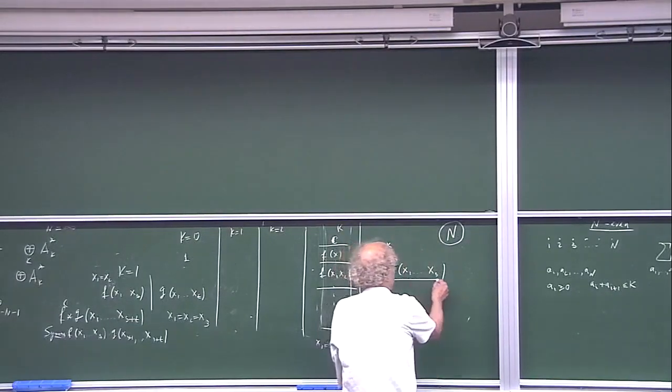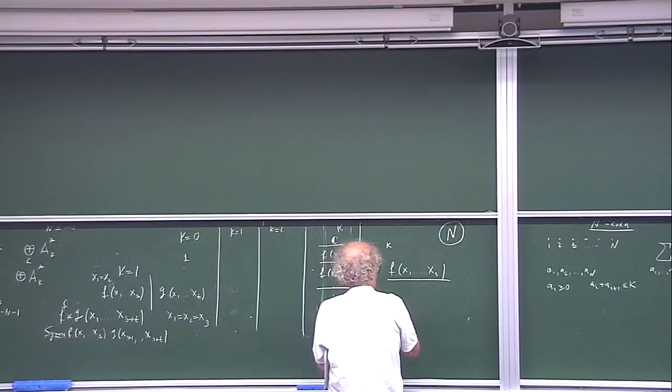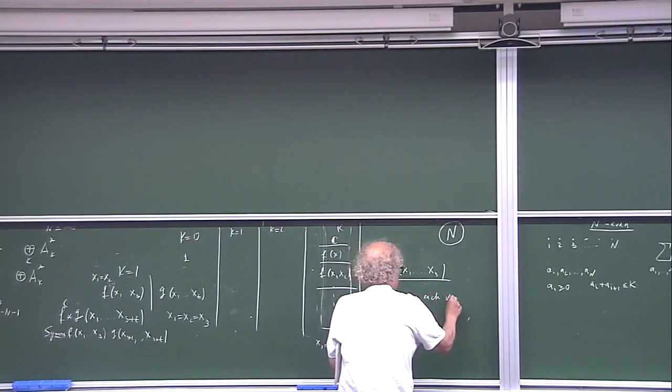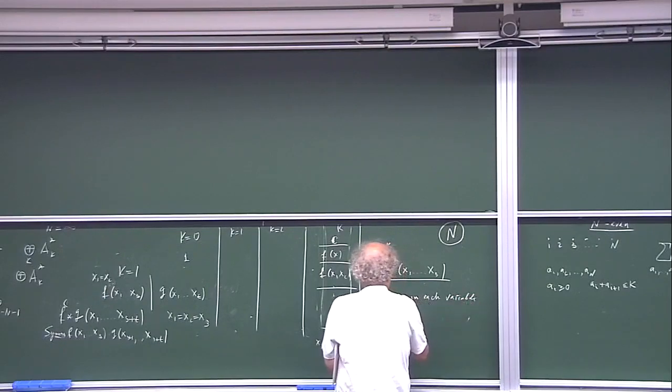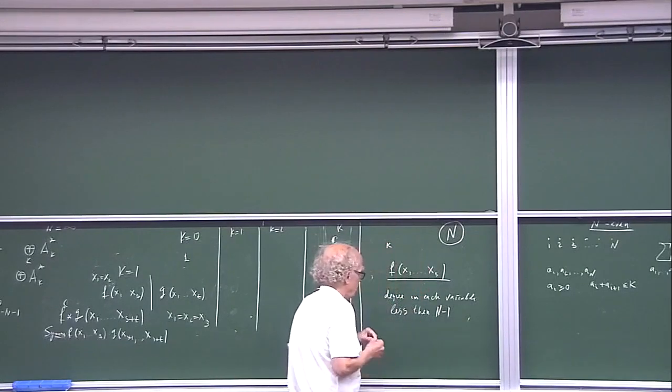This function in this smallest subalgebra has degree in each variable less than, I think, n minus 1. Maybe it's mistaken. Yeah, I think it is correct.